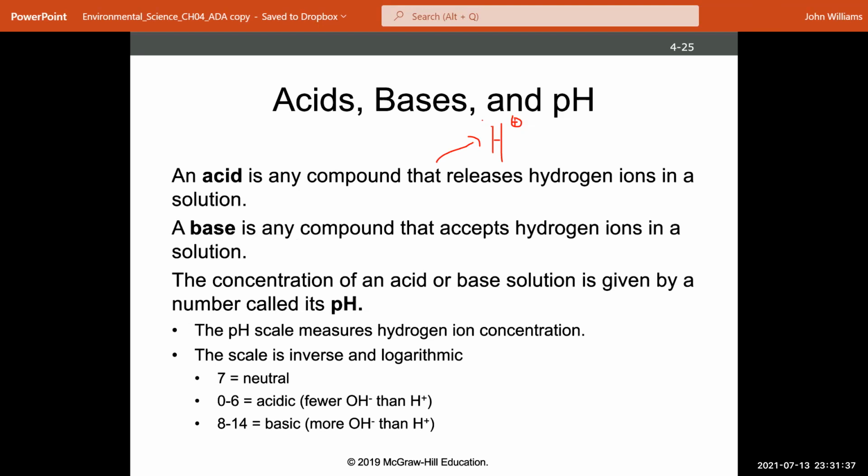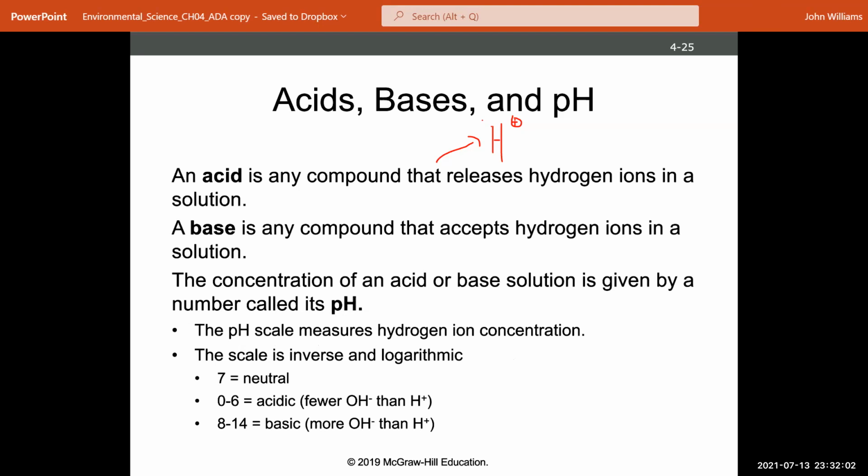We can measure the concentration of an acid or a base, basically how high the hydrogen concentration is in a solution, through pH. And so that's the measurement. So the pH is basically the measurement of the hydrogen ion concentration in a solution.